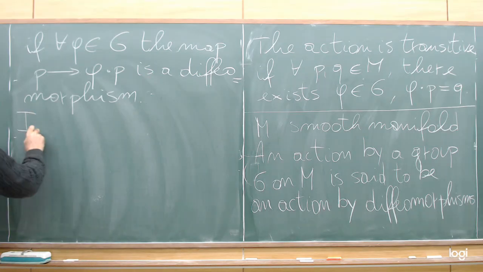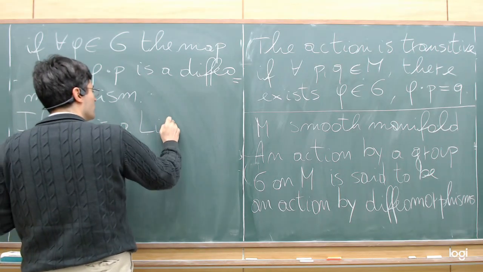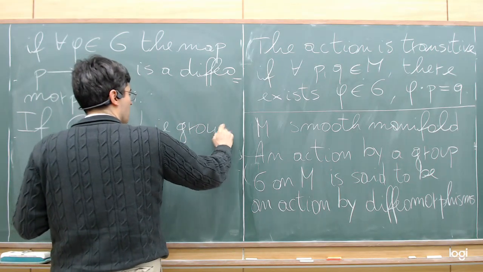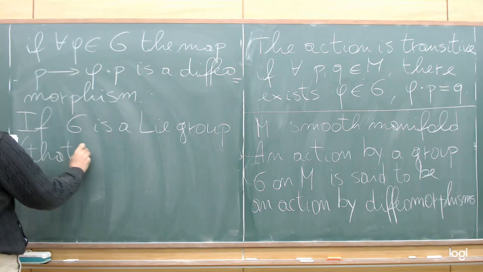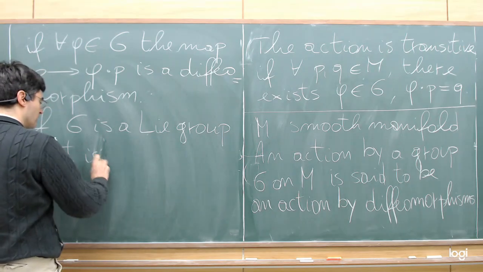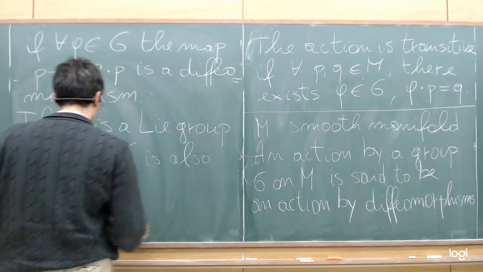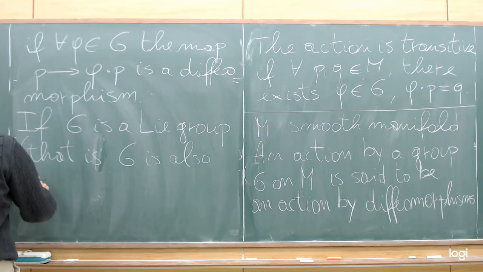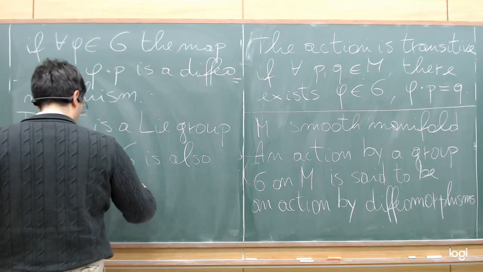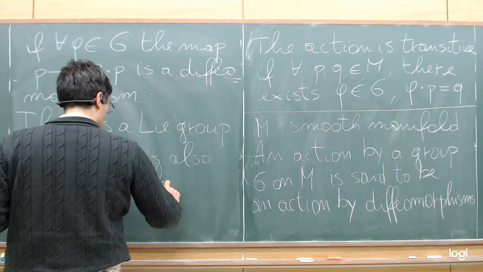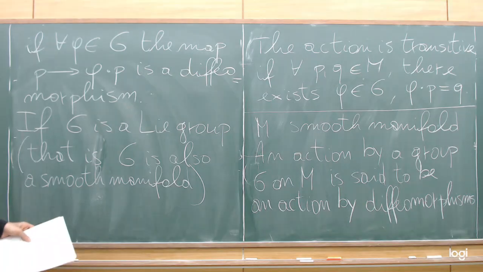If G is a Lie group, that is, G is also a smooth manifold, so G has the structure of a group and a smooth manifold.